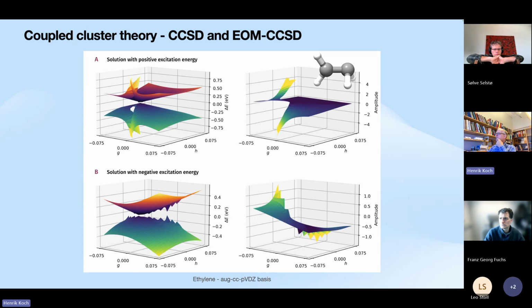And this is shown to the right, where this is the amplitude's size that diverges away. But another complication is that there is another solution that has negative excitation energies. So you have two solutions, and when you try to run very closely to these conical intersections, the solution can flip between these two situations, and the potential energy surface looks very weird.